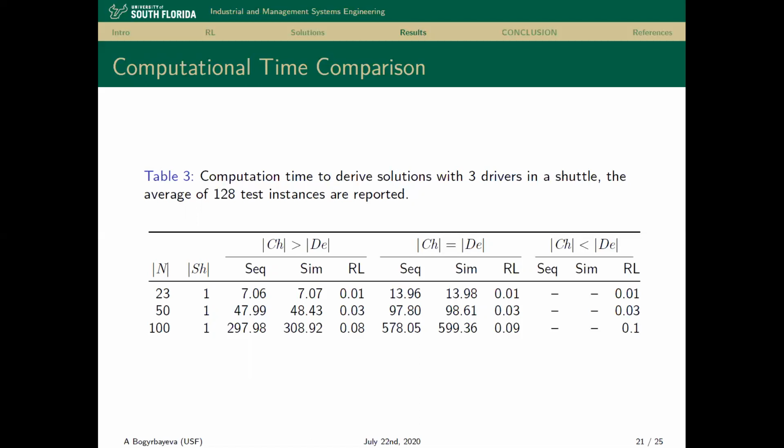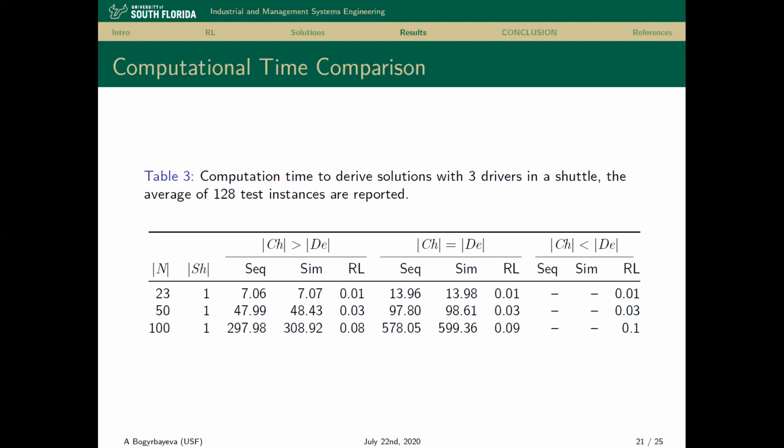But RL, on the other hand, if we are talking about a trained model that you saved, is going to generate the solution in a fraction of a second, as long as you maintain the uniform distribution it has been trained on and some basic network structure.